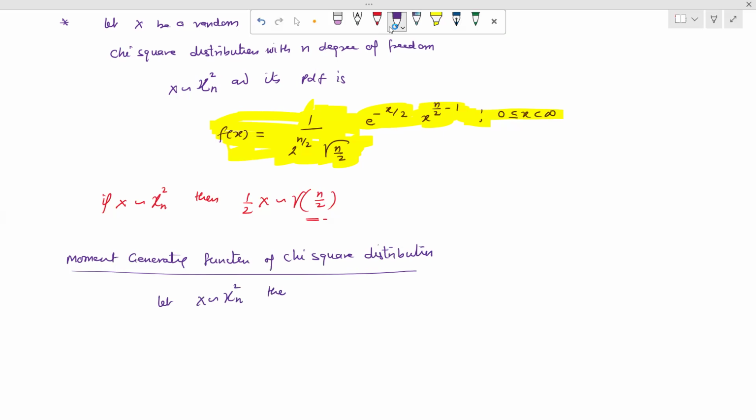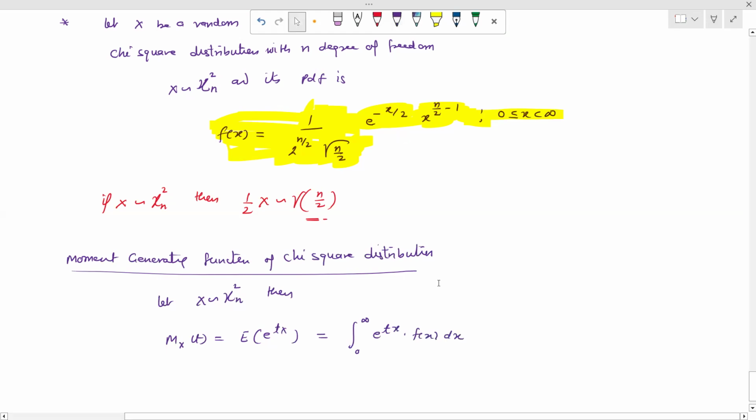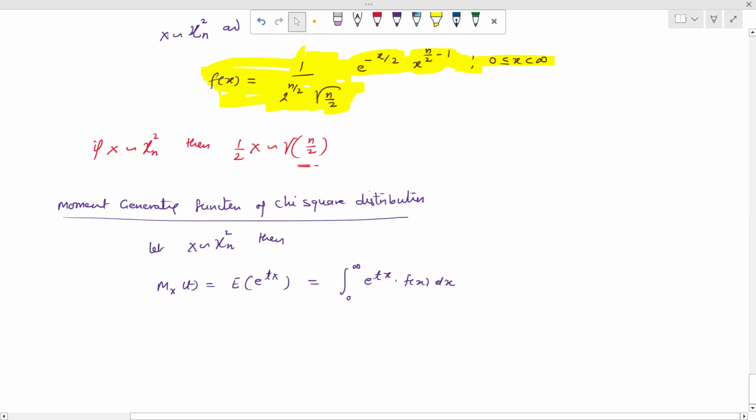Then we write M_X(t), the moment generating function. We know M_X(t) is equal to the expectation of e raised to the power tX. Because this is a continuous probability distribution, we take the integration from 0 to infinity of e raised to the power tx into f(x) dx for calculating the moment generating function of the chi-square distribution.